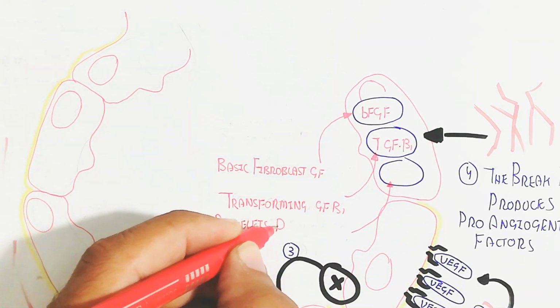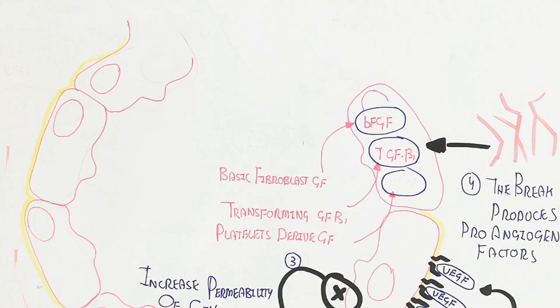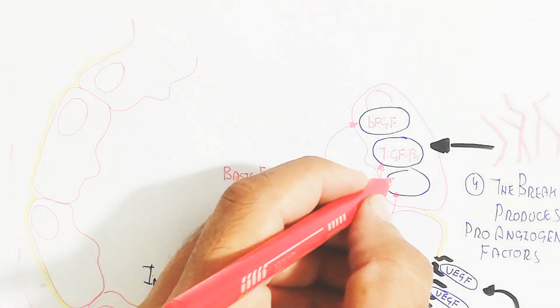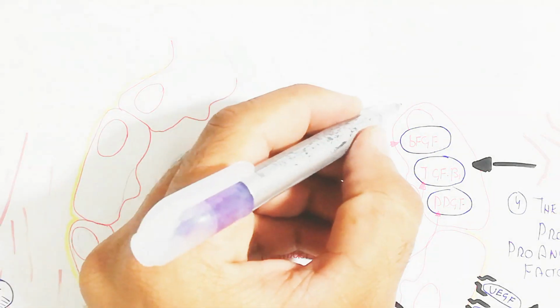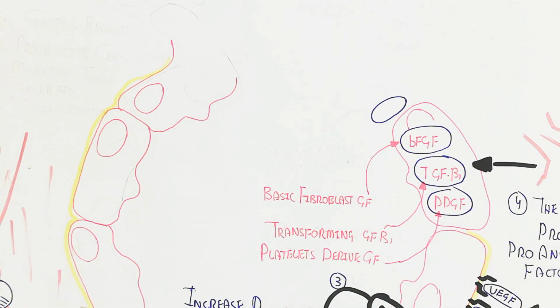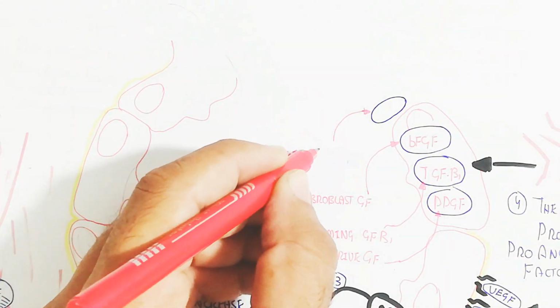On the other hand, angiogenin and angiopoietins will also be produced and target the endothelial cell. They are released from the extracellular matrix, remember that.